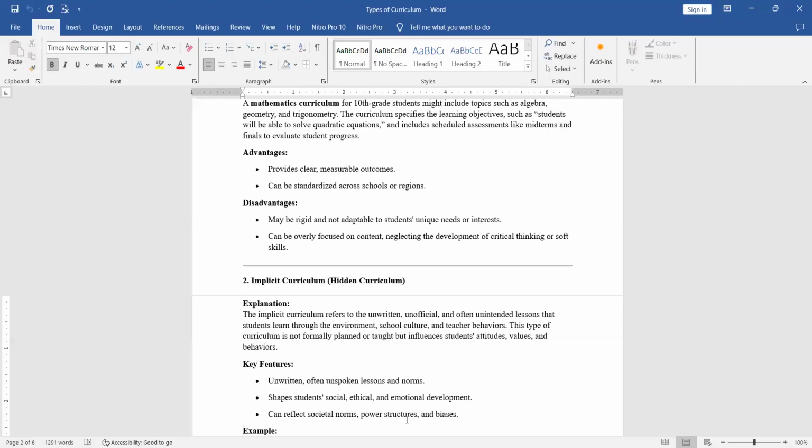All these things happen in the school because of the school culture, and because of that, the students learn a lot of things, and they are never actually jotted down in a written curriculum. Those things are actually the school culture.